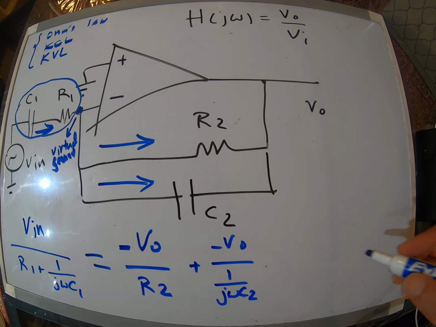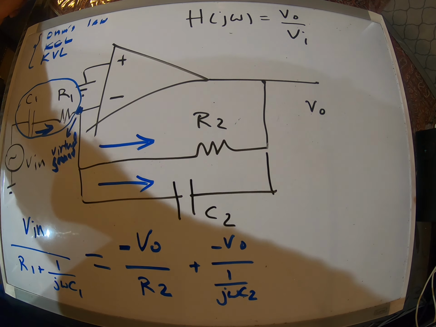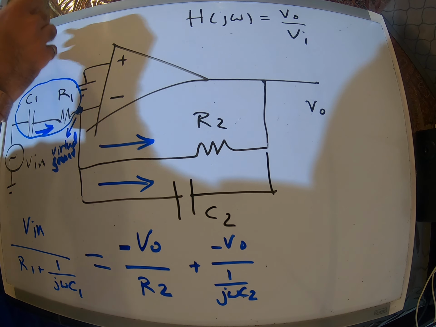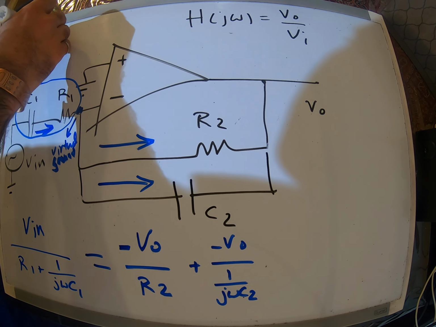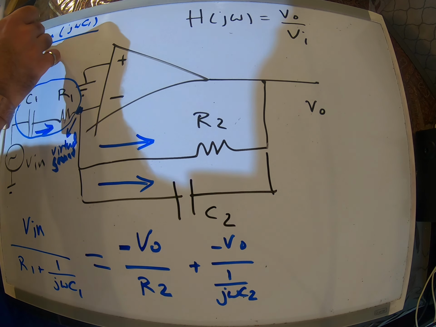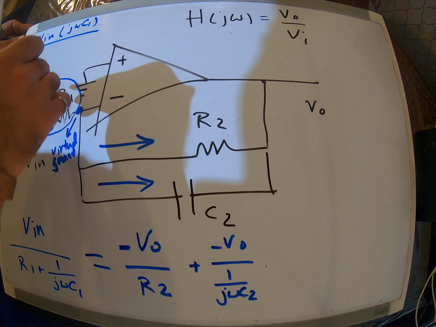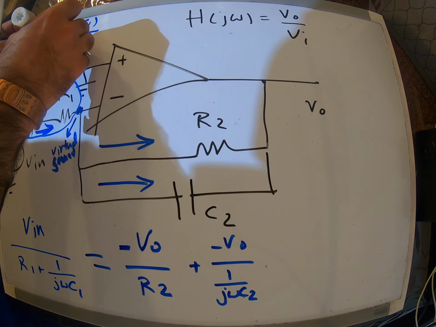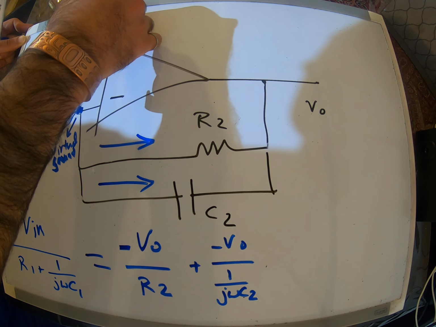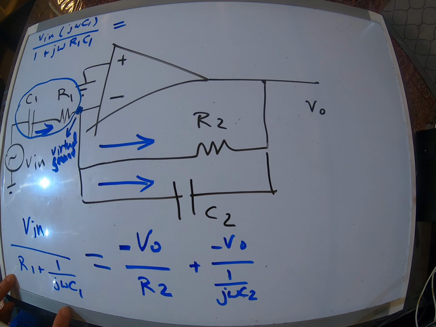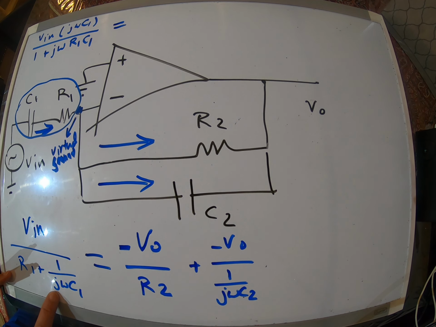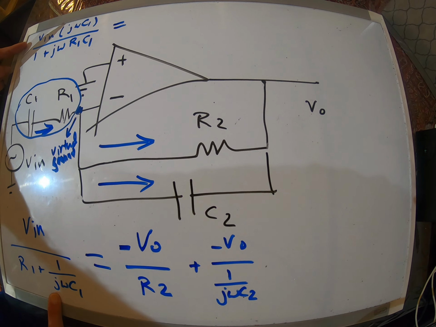Let me actually write this here now. If I simplify this, we have V in times j omega C1 divided by R1 plus j omega R1 C1 is equal to, on this part I multiplied the numerator and denominator by j omega C1, so that's what we have.